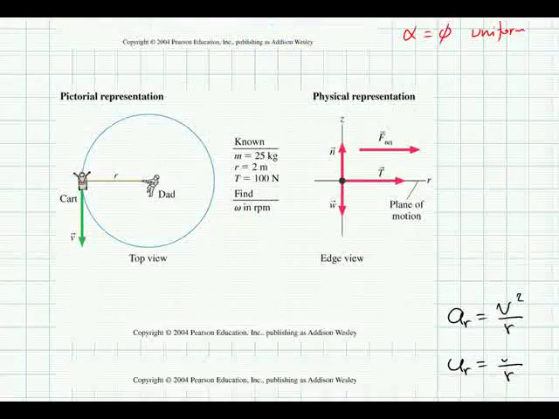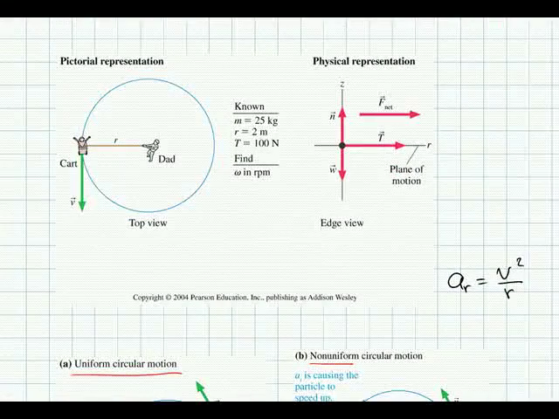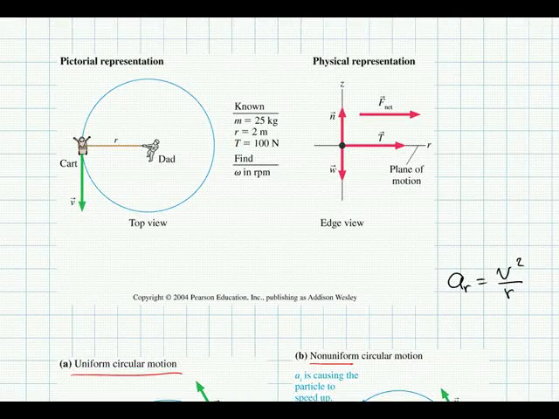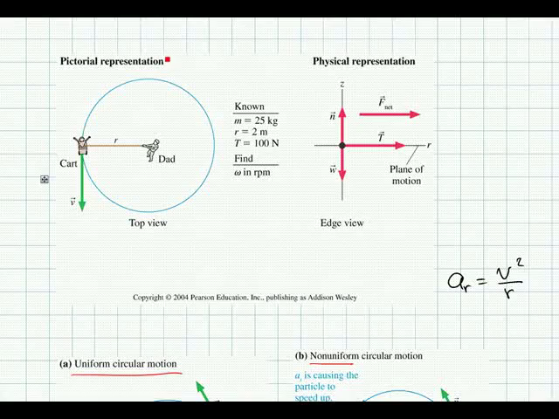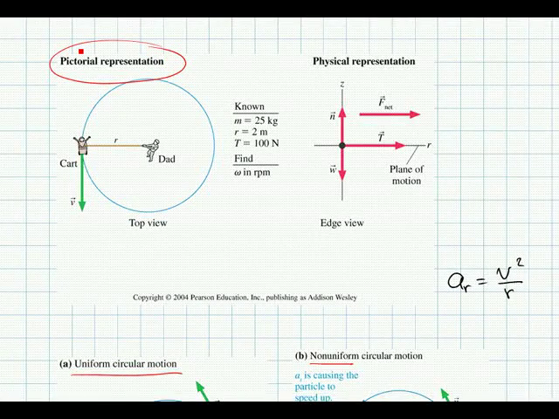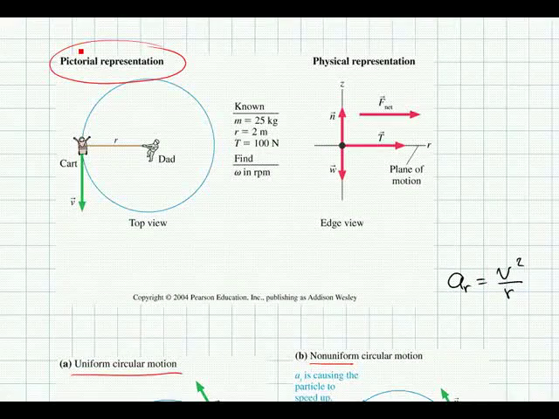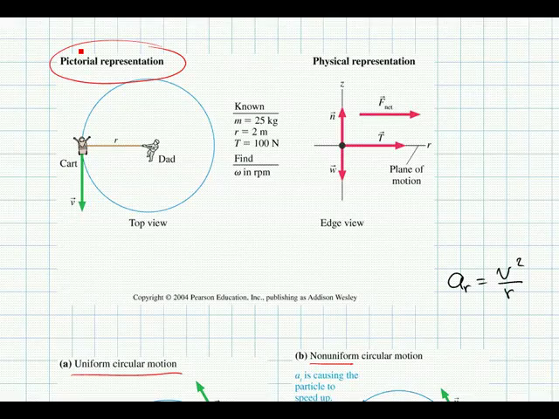Now, in dealing with dynamics of circular motion, once again we do a nice pictorial representation. Here we have a dad swirling the kid around in a cart.